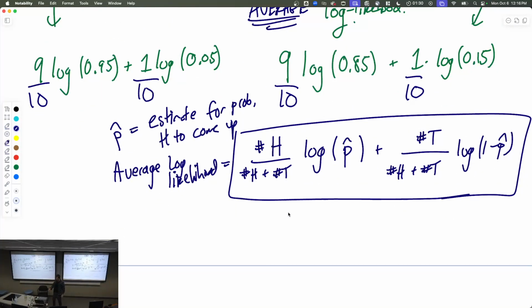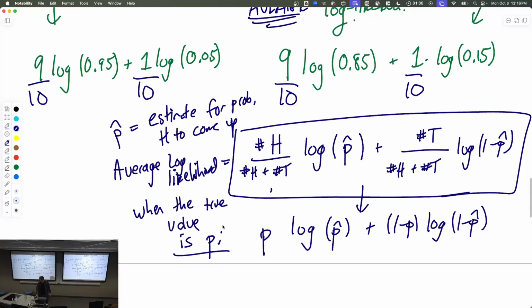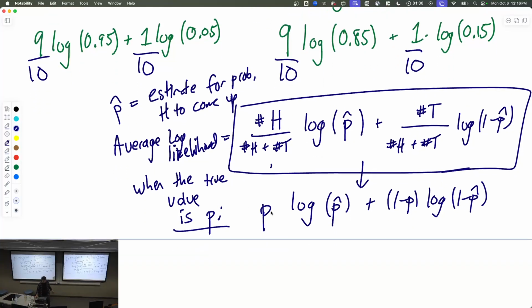Another way you can write it is p times the log of p hat plus 1 minus p times the log of 1 minus p hat. This is when the true value is p. So on average, this will be the average log likelihood, and this is the loss function that we use in these problems.